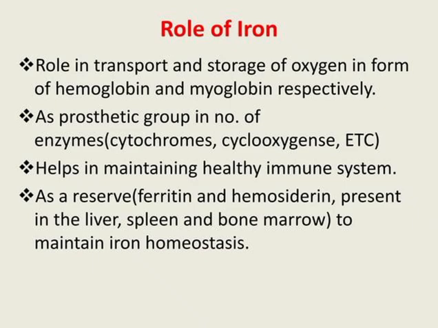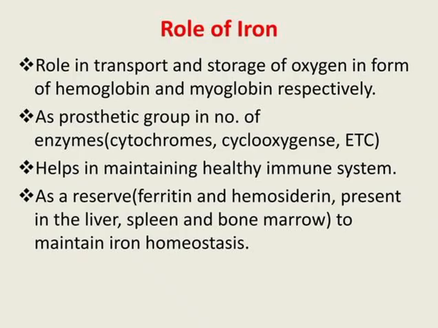It also acts as a prosthetic group in a number of enzymes, cytochromes and cyclooxygenase, etc. It helps in maintaining a healthy immune system, and serves as a reserve in the form of ferritin and hemosiderin present in the liver, spleen, and bone marrow to maintain iron homeostasis.